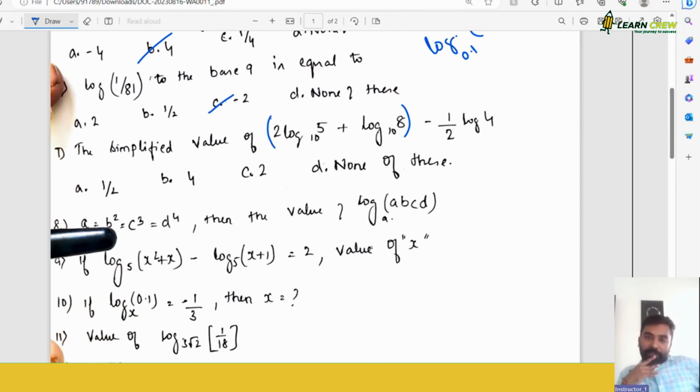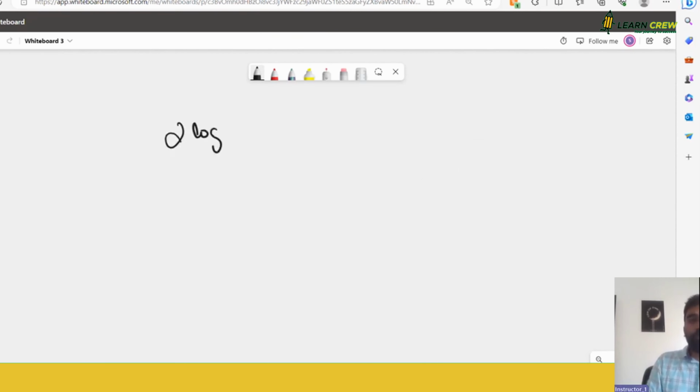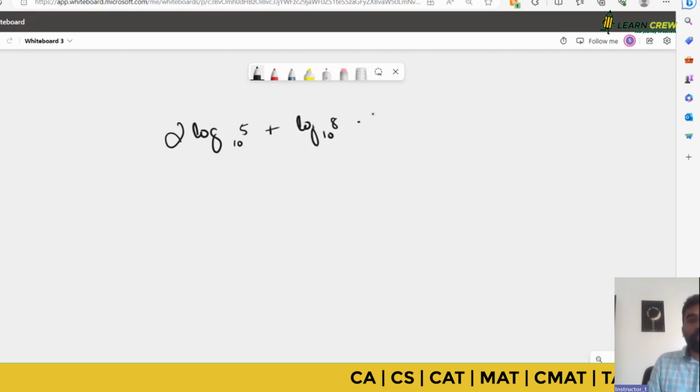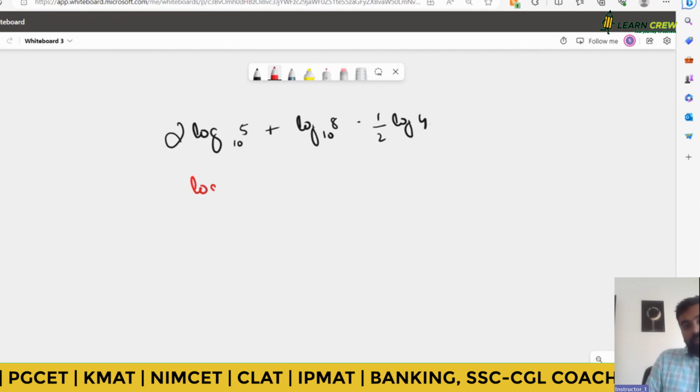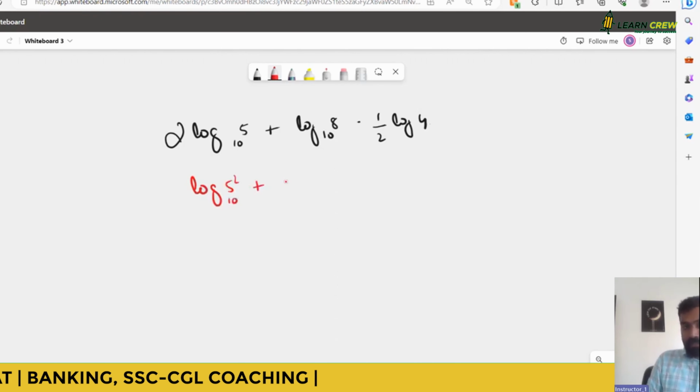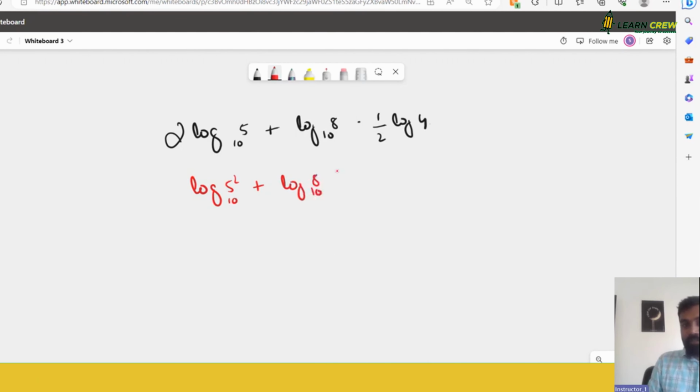Apply the rules. 2 log of 5 base 10 plus log of 8 base 10 minus half log of 4. It can be written as log 5 square to the base 10 plus log of 8 to the base 10 minus log of 4 to the power of half, right? Now simplify it.